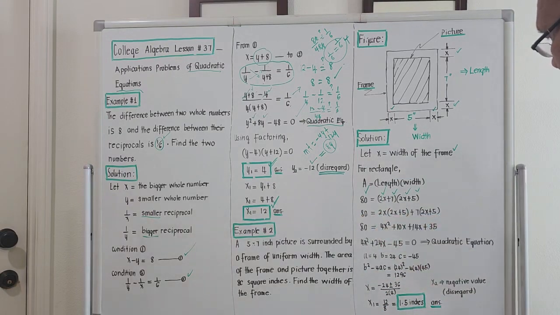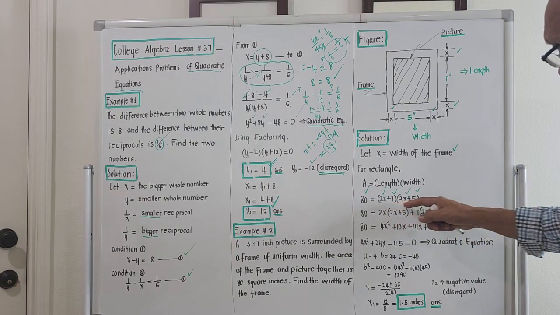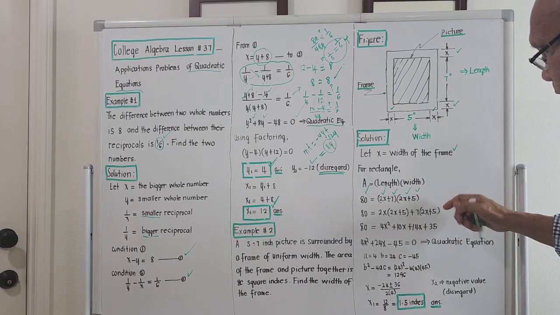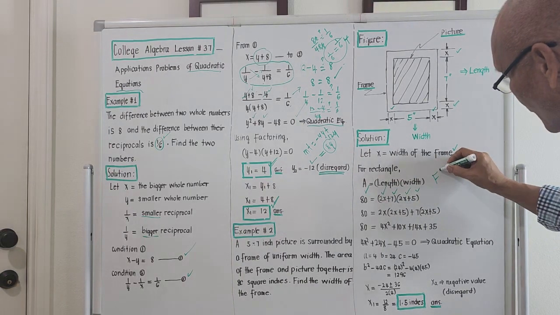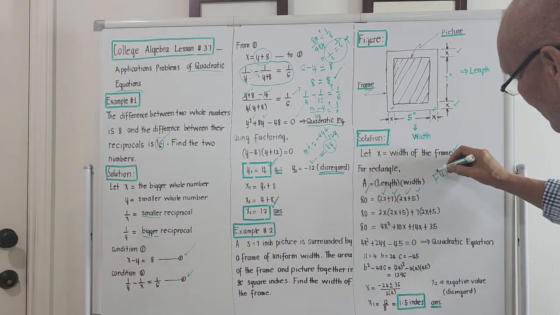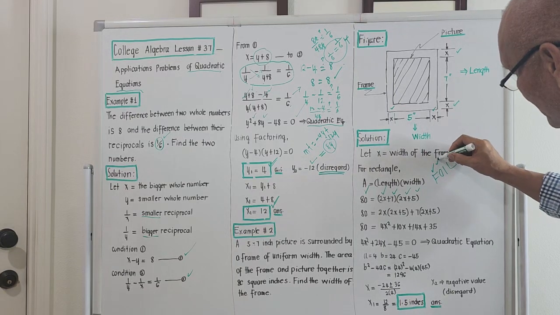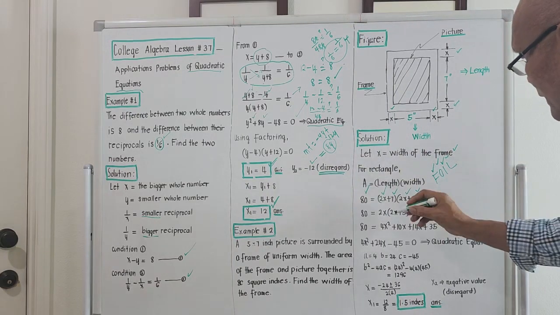So 80 will be equal to, we are multiplying two binomials, right? So we use the so-called FOIL method. First, outside, inside, last.